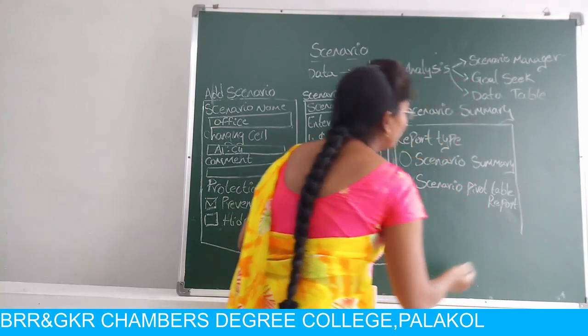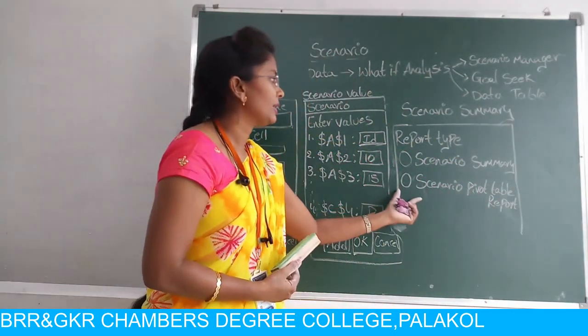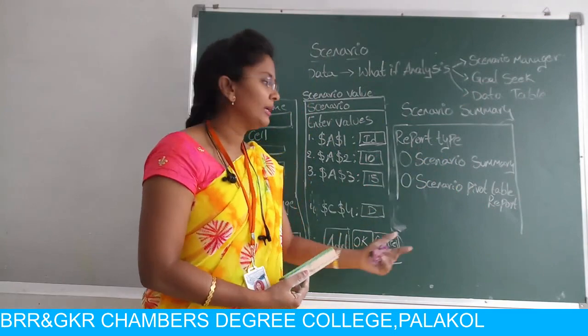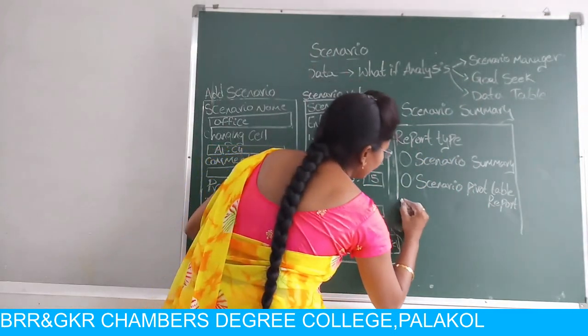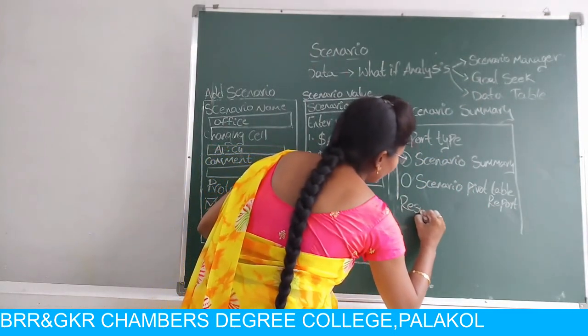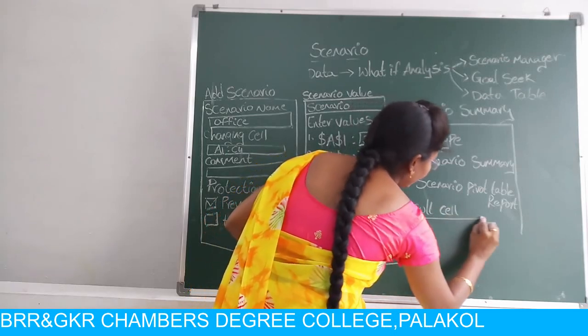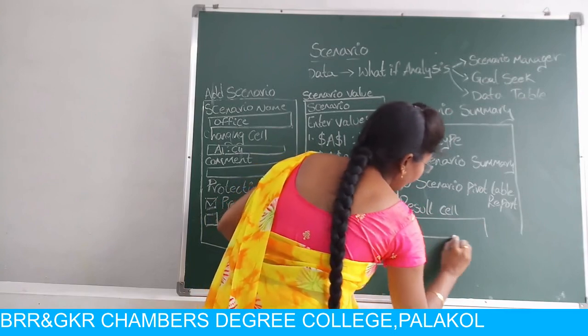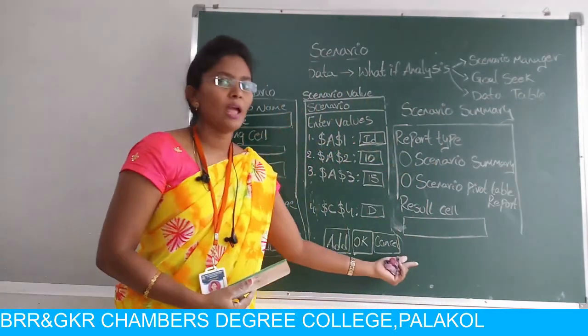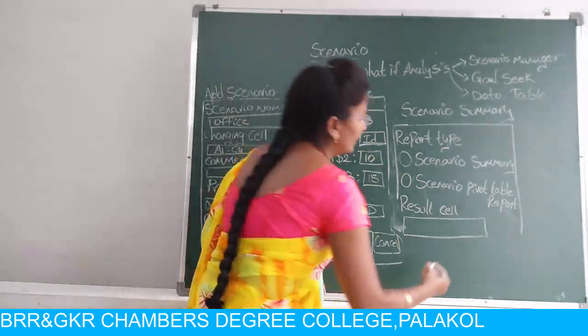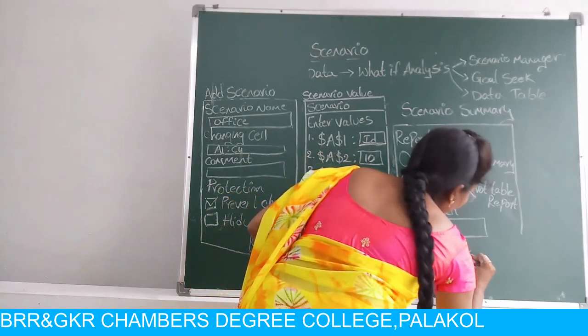These are the two radio buttons that appear in the report type. And then the next one is Result cells, and again one more box will appear here. At the end you can see the OK button and the Cancel button.